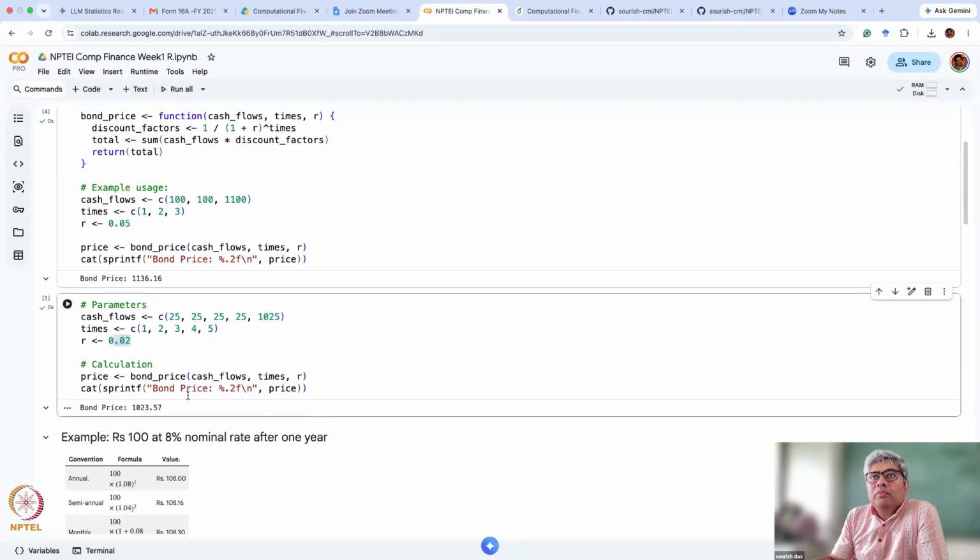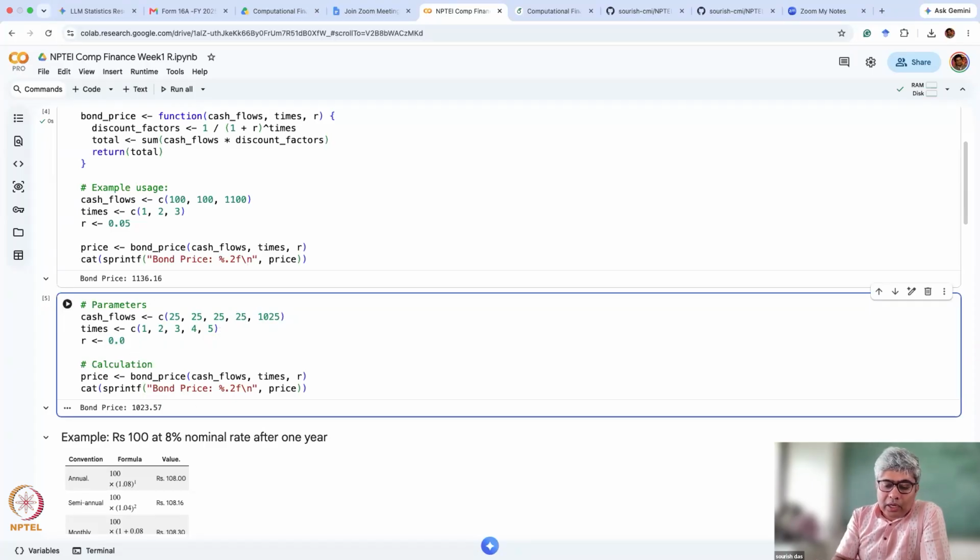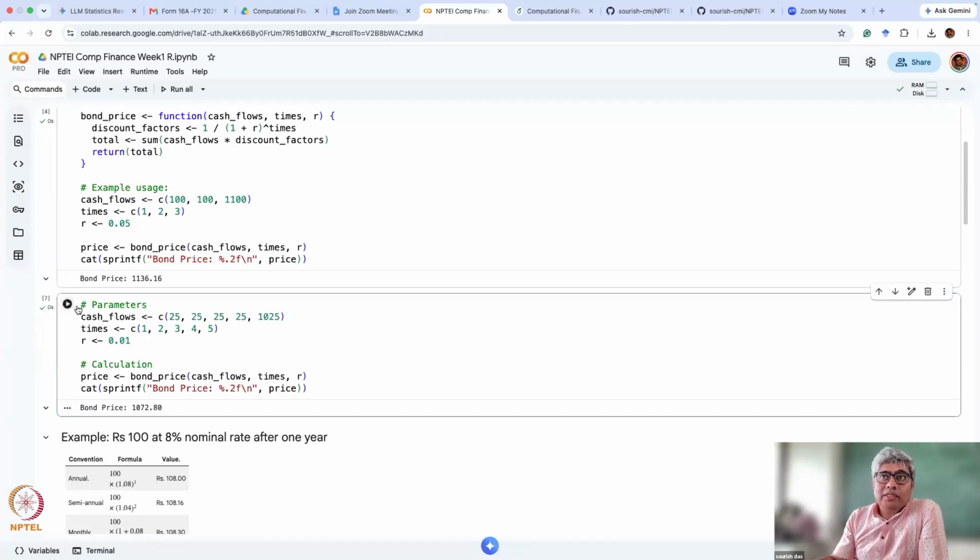So the bond price will be 1023. But if I increase the rate to 0.05, then you will see the bond price drops to 891. But if I drop the interest rate to 0.01, then the bond price increases to 1072.